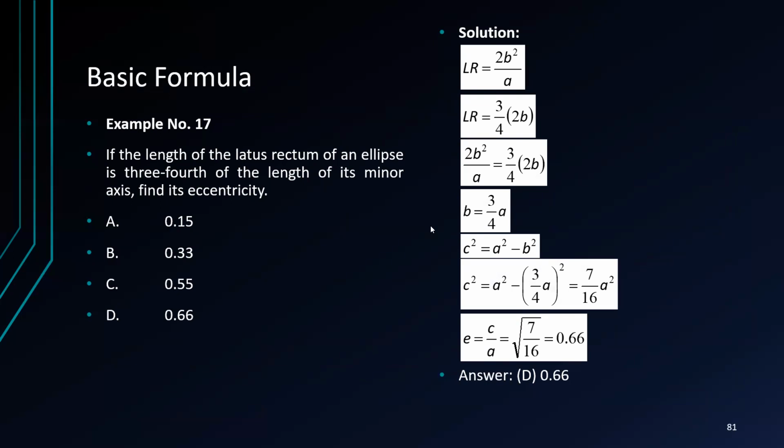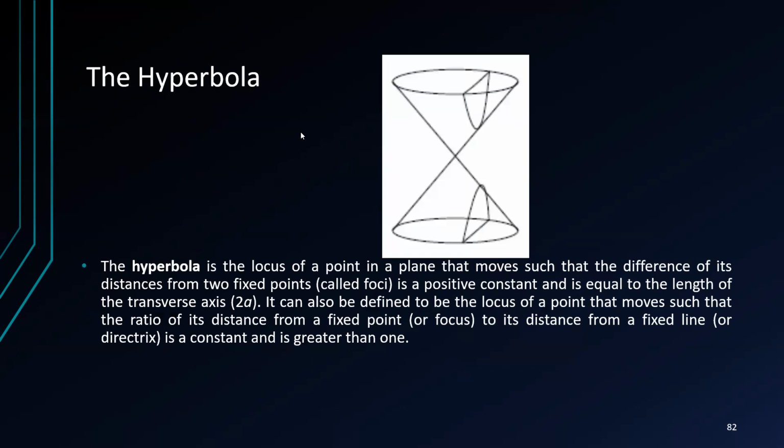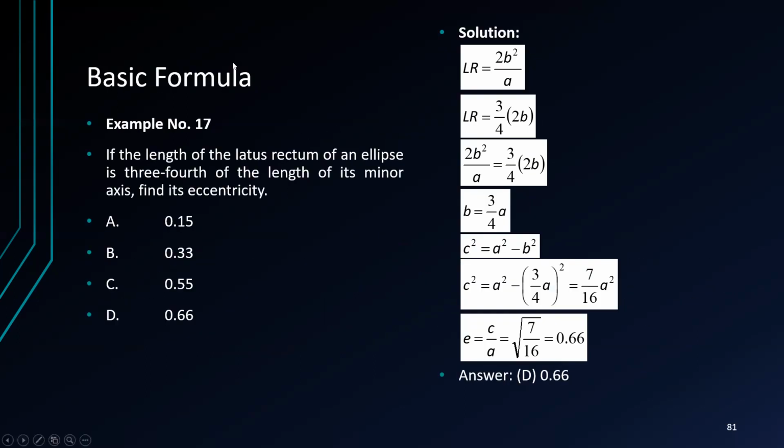So, LR, latus rectum, is 2b squared over a, which is 3/4 of 2b, the minor axis. So you equate it: 2b squared over a is equal to 3/4 times 2b. So, b is equal to 3/4 of a.